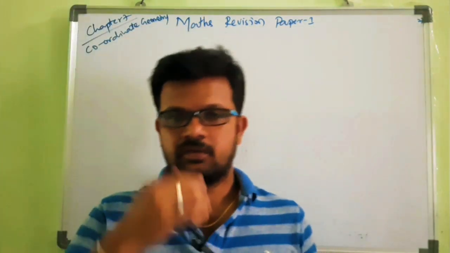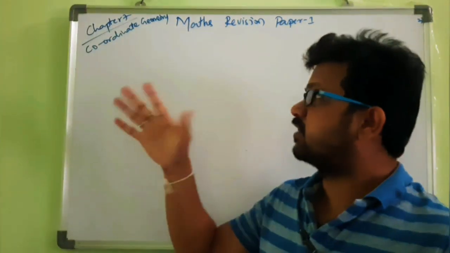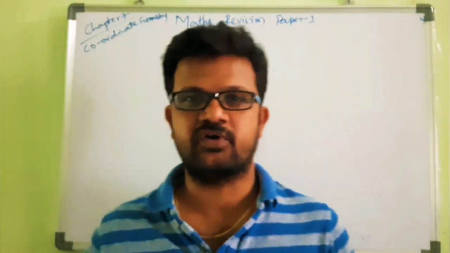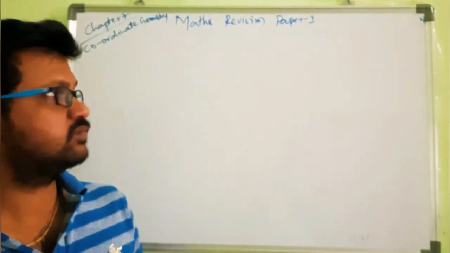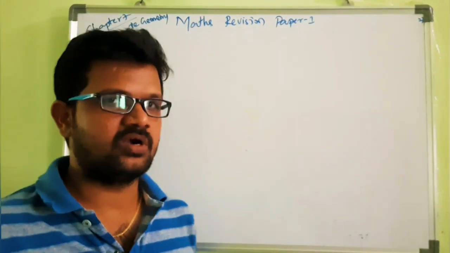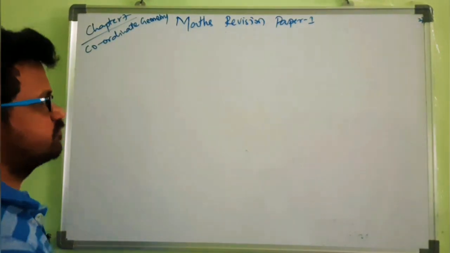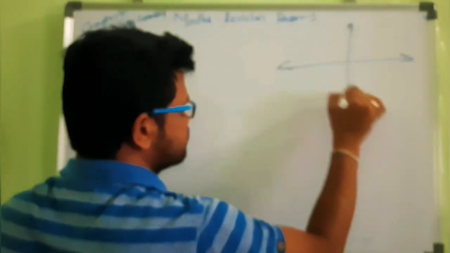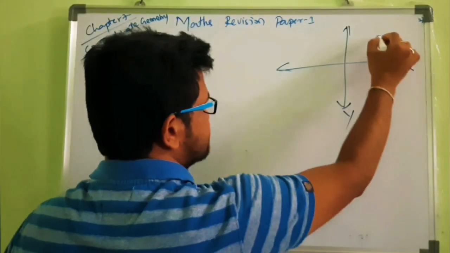So first of all, what are the important points in this coordinate geometry? Coordinate geometry is not a new chapter for you, you have studied in 9th class also. To find the location of an object, we use coordinate geometry. There is a coordinate system, right? So x and y axis.